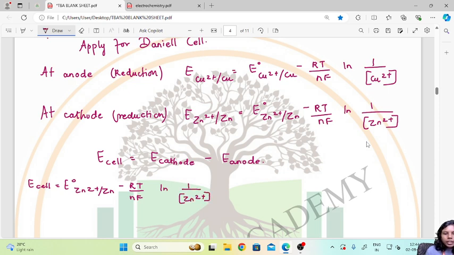Then we have this minus sign, and the rest we will write as E Cu2+/Cu, E naught minus RT/nF ln of 1 upon Cu2+.